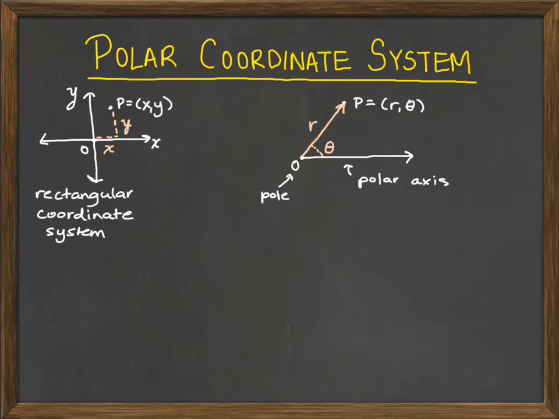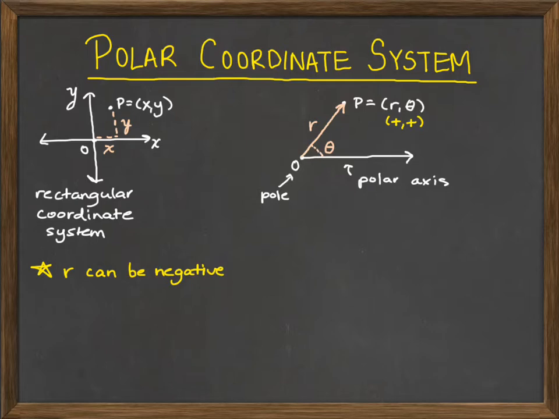The first note is that r can be negative. So in the first diagram, we are assuming that r is positive and theta is positive, but that doesn't have to be the case. So if r is negative, what is that going to look like?